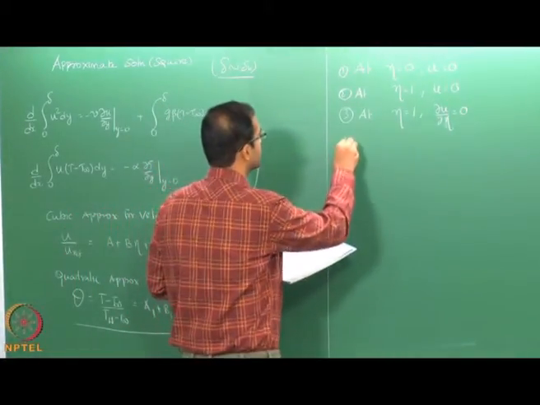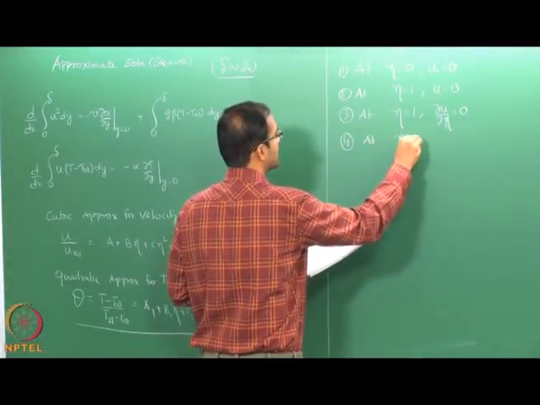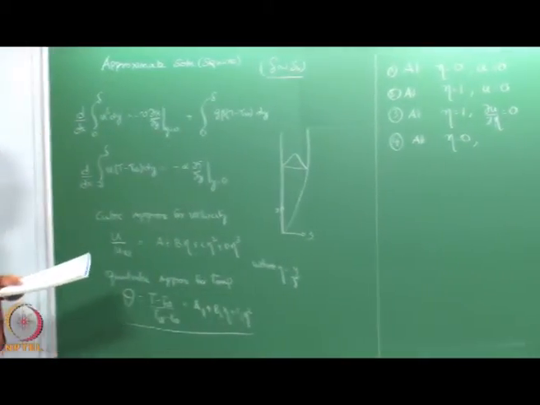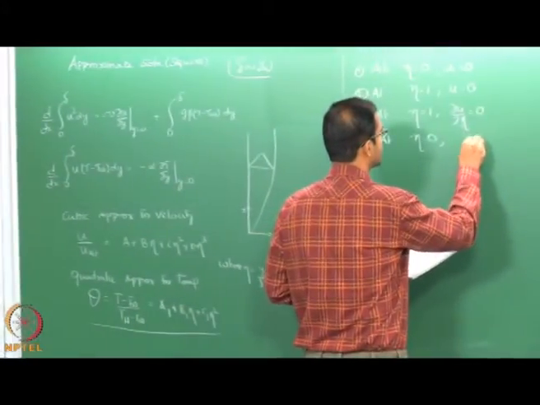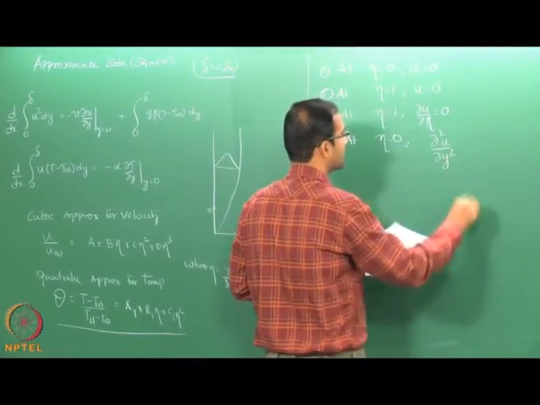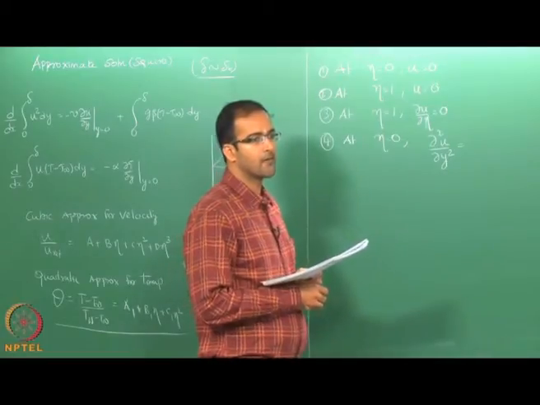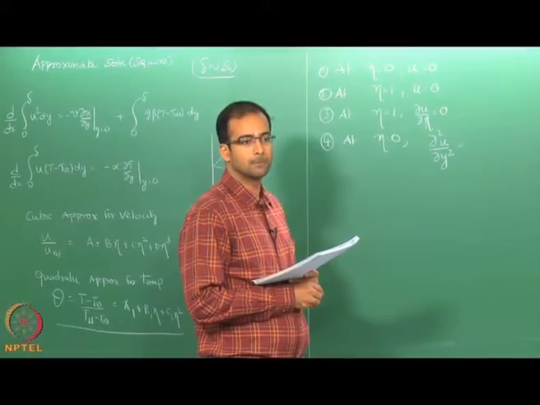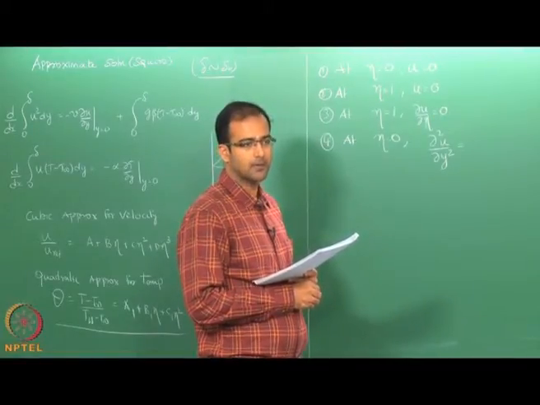So, if you apply the fourth boundary condition at the wall, what would it be? d square u by dy square is equal to, write down the momentum equation.